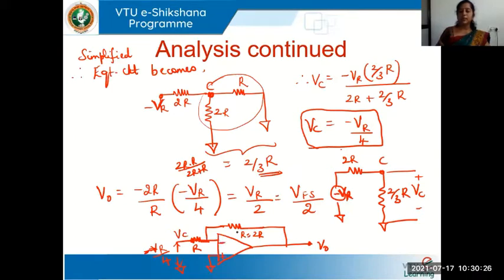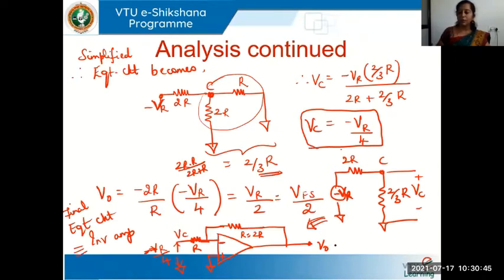Now the equivalent circuit reduces to that of an inverting amplifier. The final equivalent circuit is nothing but an inverting amplifier.